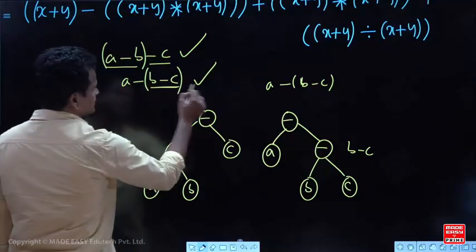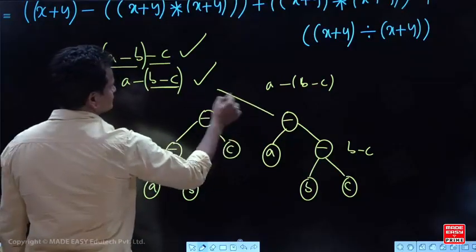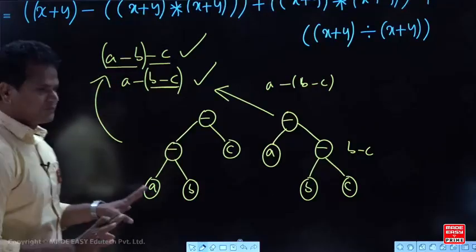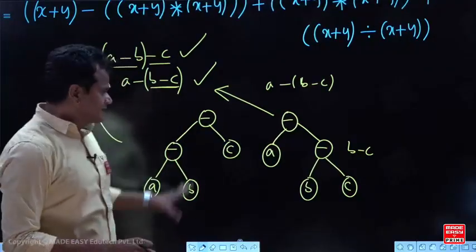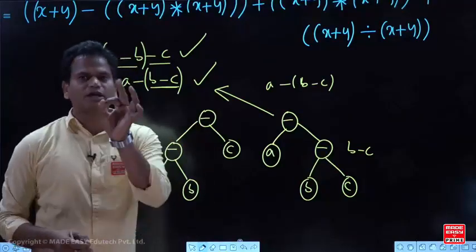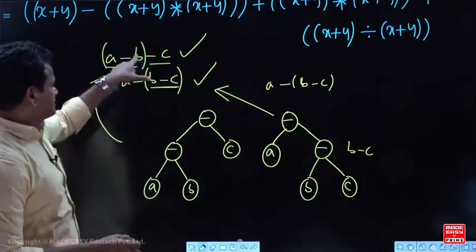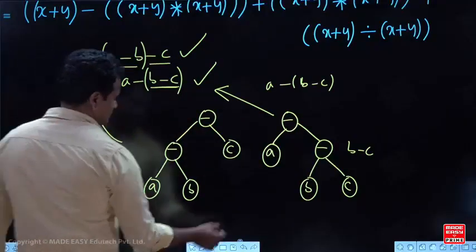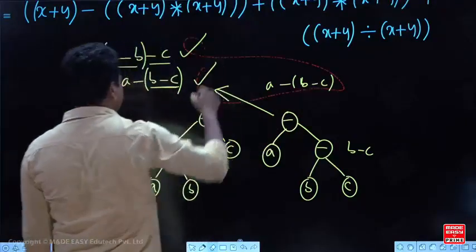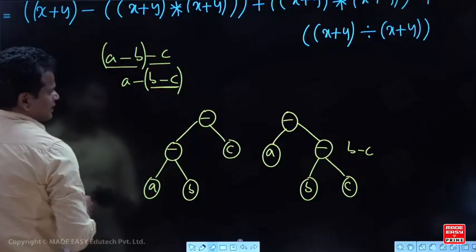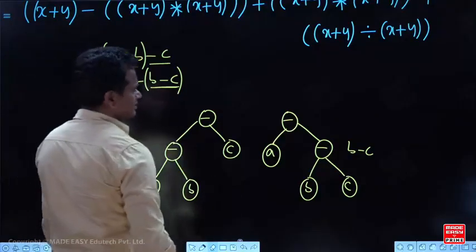So everything is clear. Don't think that the same DAG will give different expressions. A DAG will give only one expression. This is the DAG for this, and that is the DAG for the other. So definitely associativity is there, and priorities will also be there.